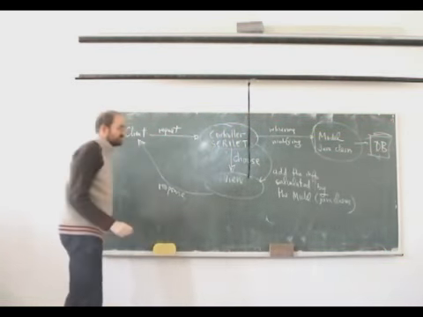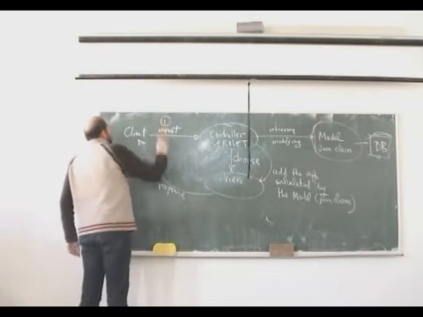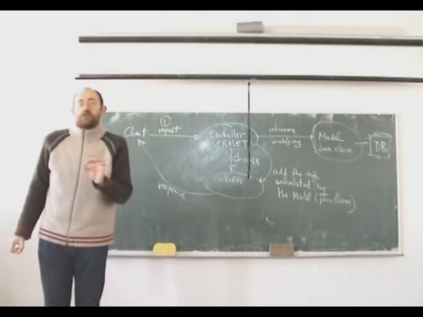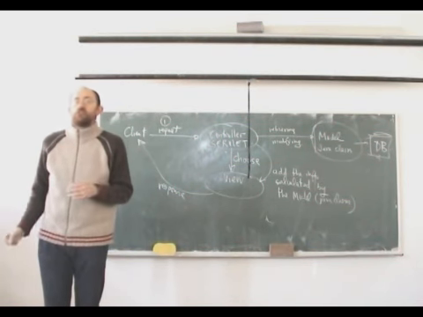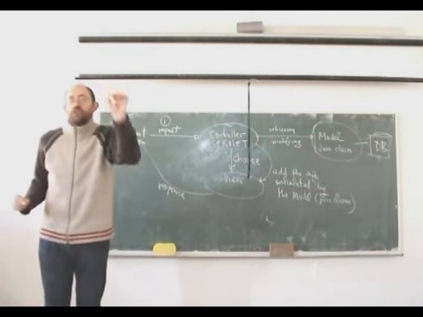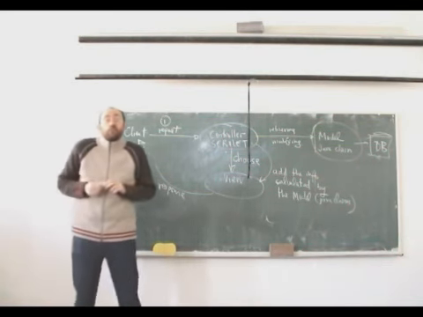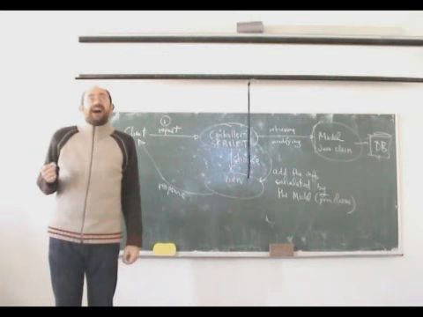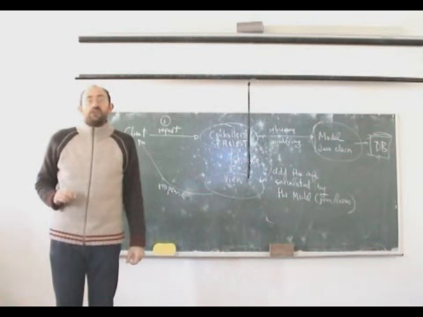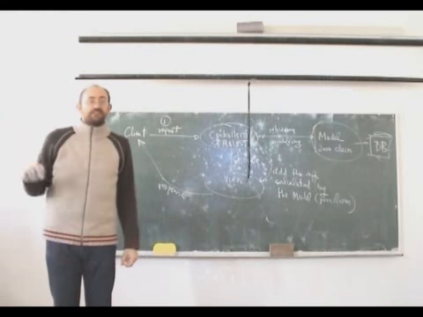So let's have a look at how this would work. First of all, the client sends a request to the controller. When you use this pattern, model view controller, you always send the request to the controller. If you don't use model view controller, then no. When you want to know the flights from Sarajevo to Barcelona, you send a request to the server, calculate flights, okay?